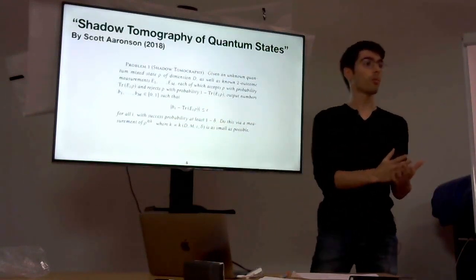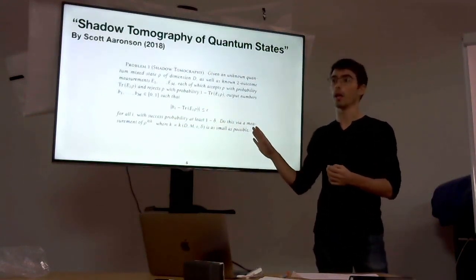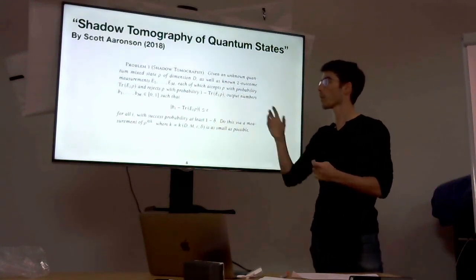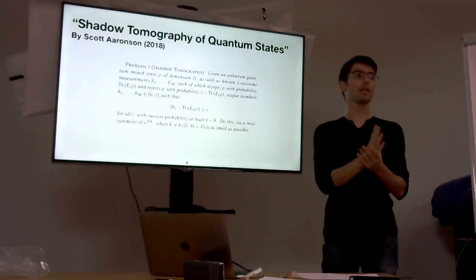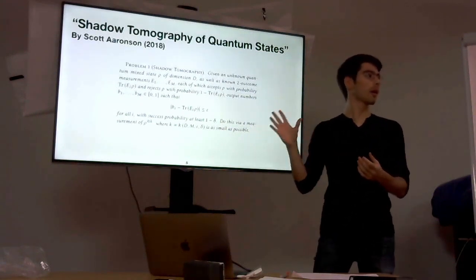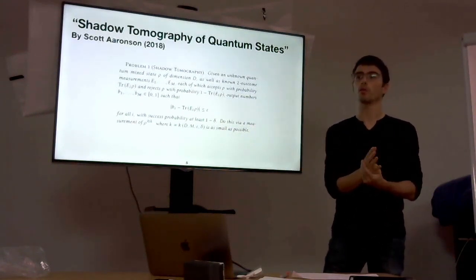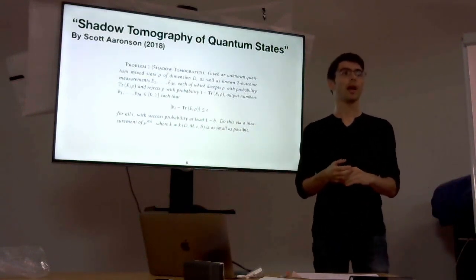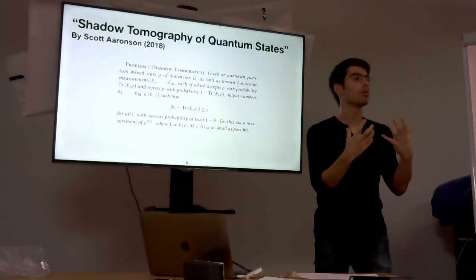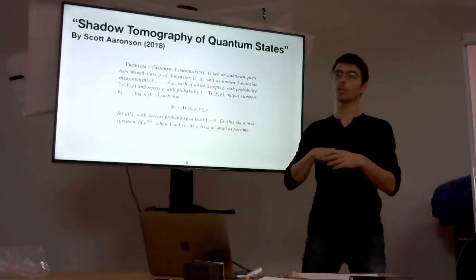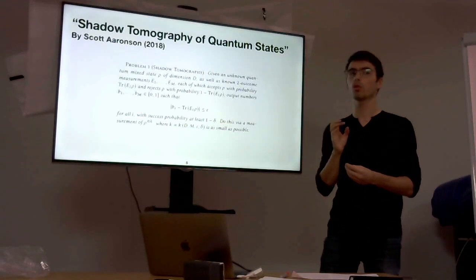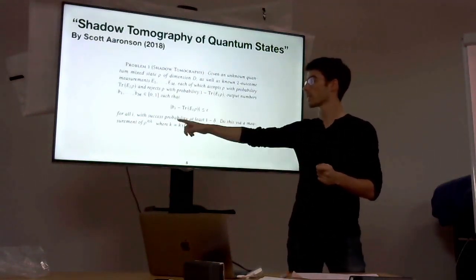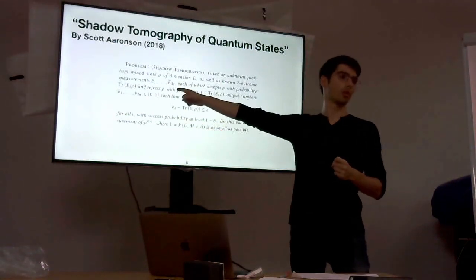So in the original formulation by Scott Aaronson, this is the statement of the problem that he gave, and as you can see, with this definition, we don't really care about the computational complexity of retrieving that information or the experimental difficulty to implement this kind of measurements or whatever you want to do. You only want to bound somehow the number of states that you need to achieve those values.